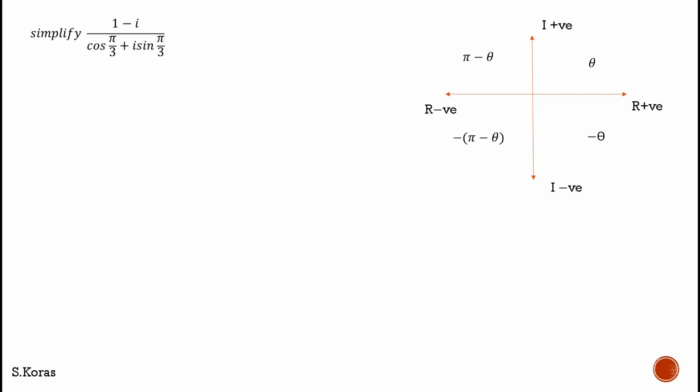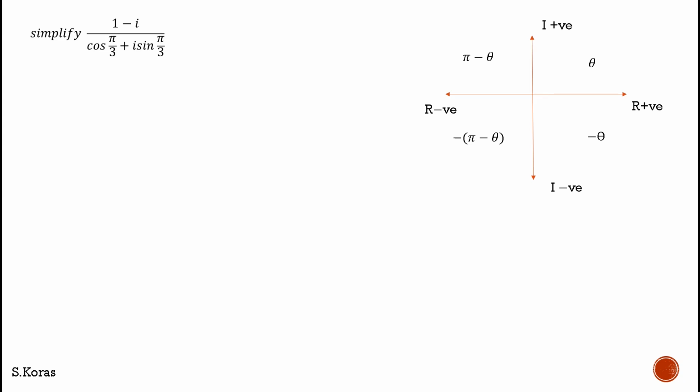Already I told you how to convert a complex number into its polar form. If you have no idea about this, you can go to the video, complex number, i powers and polar form. If you see that, you can understand how we are converting a complex number into its polar form.